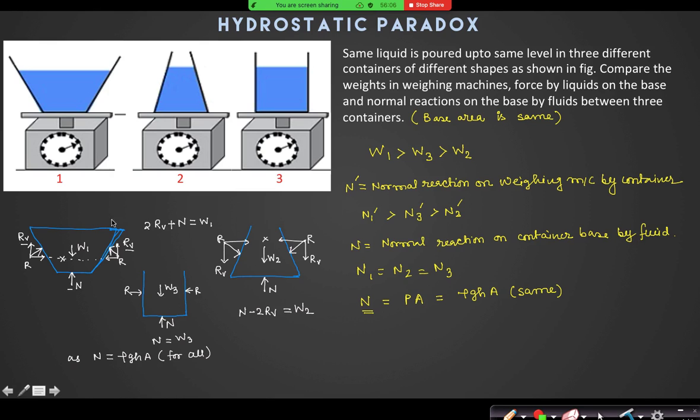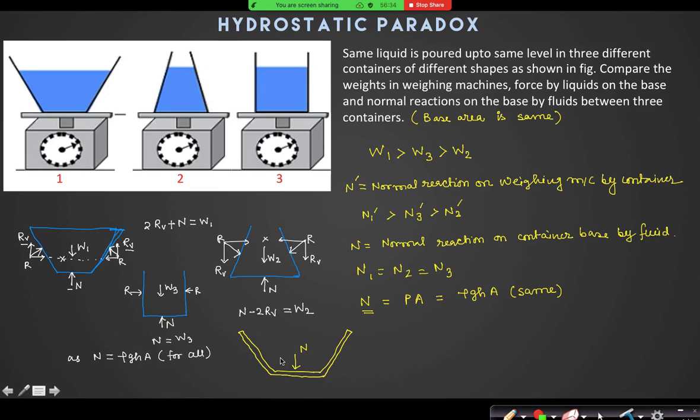If you now draw only the container free body diagram, what are the forces acting on the container? So the R, the N, and the weight of the container. Not the weight, the container does not have any weight. So this normal reaction is back on the container.